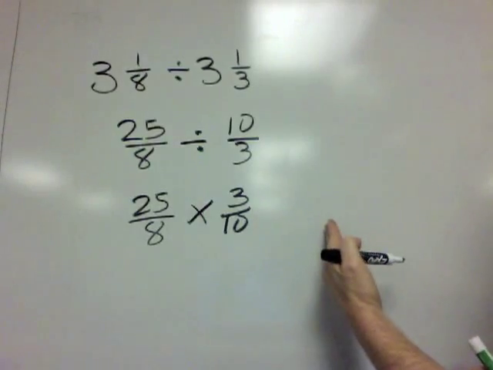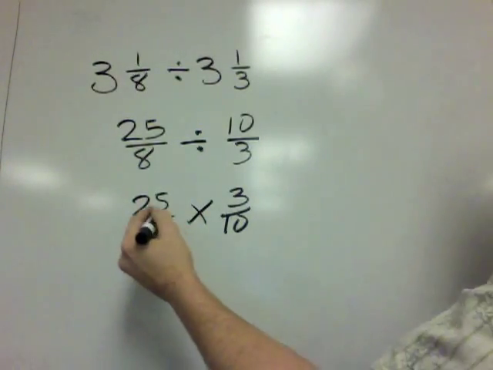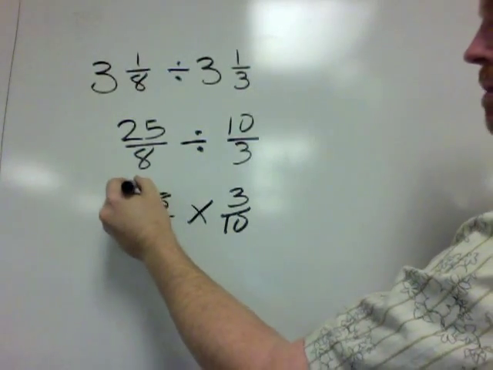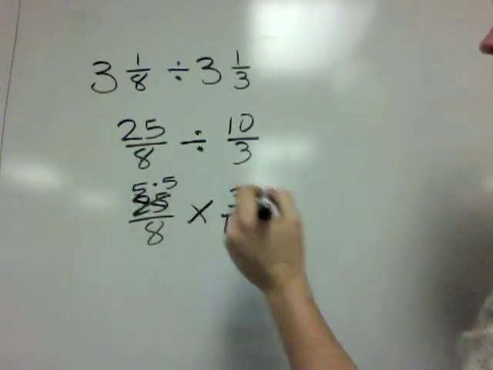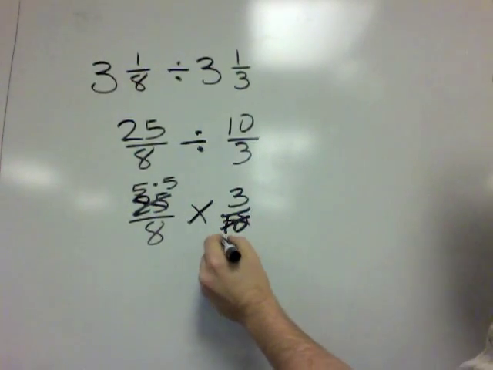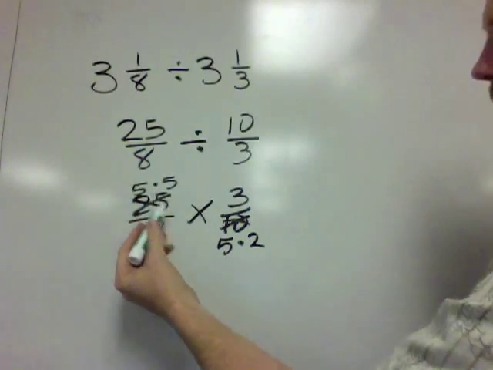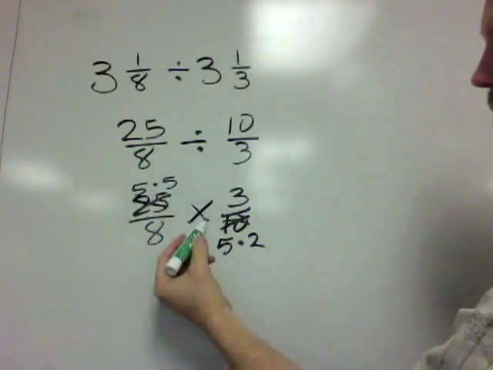And then before we go multiplying across, let's reduce if there's anything that can be reduced. And sure enough, I see that 25 can be written as 5 times 5, and I could see that 10 can be written as 5 times 2. And there's our 1. I see a 5/5 equaling 1.